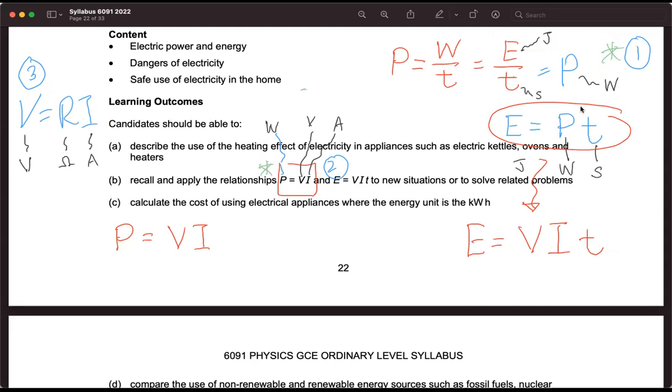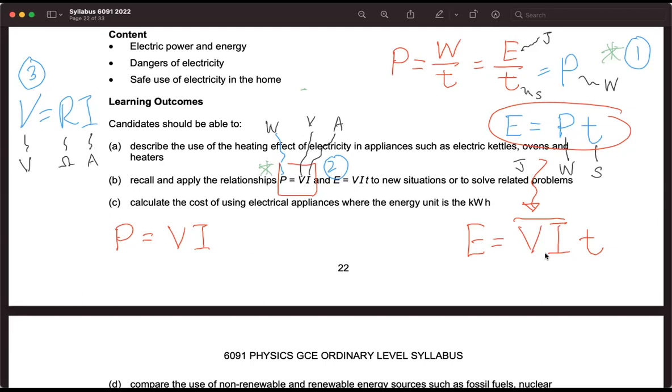Because I replace the power with V times I, therefore this formula will be energy equal to VIT. Okay, VIT. Are you clear about this?